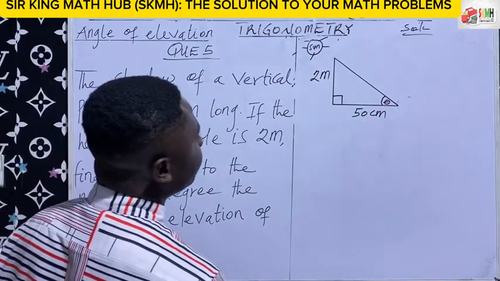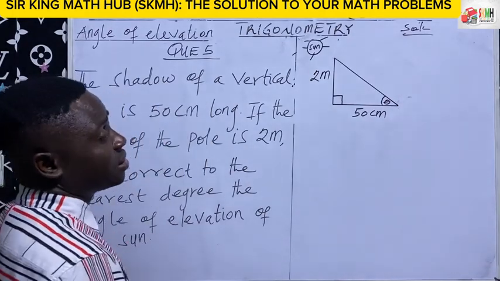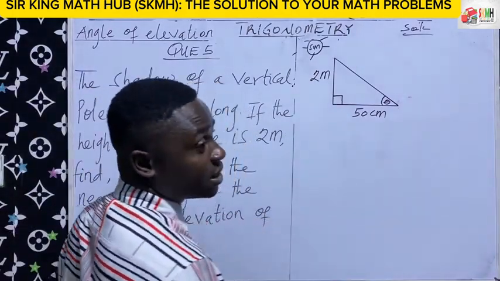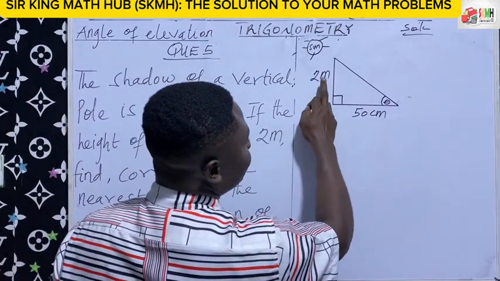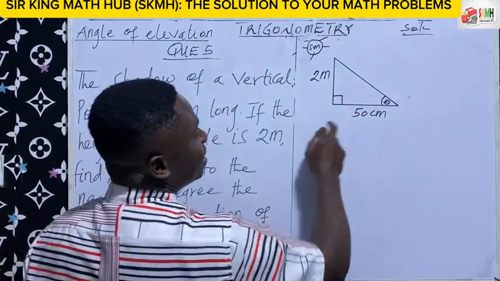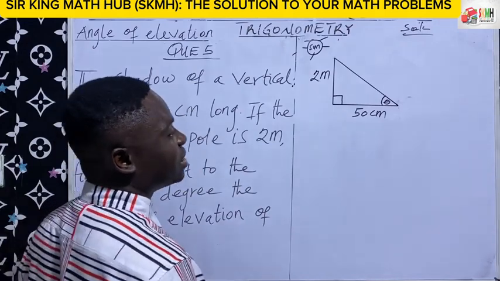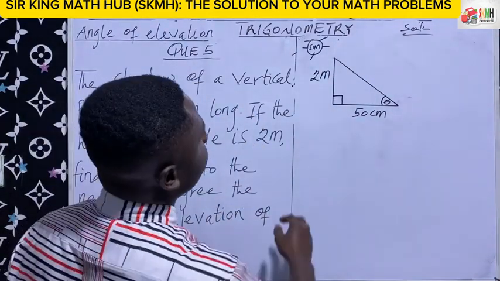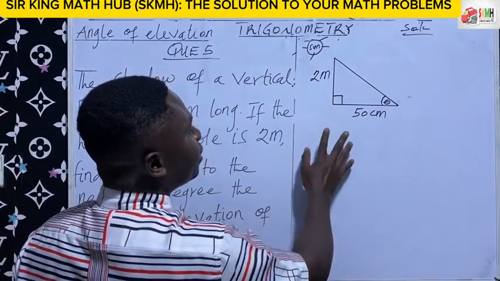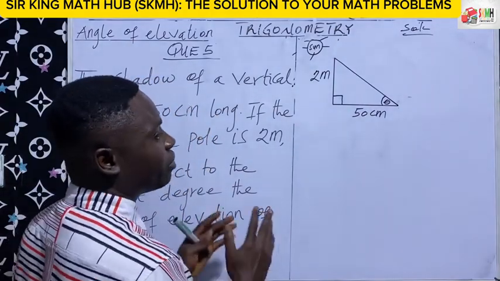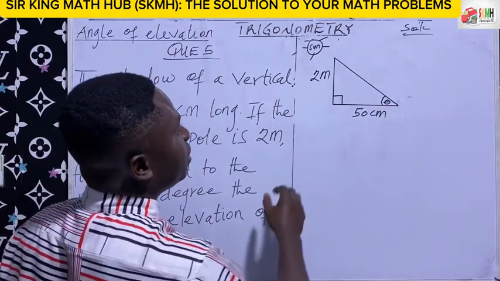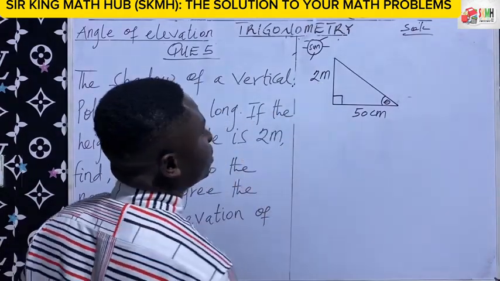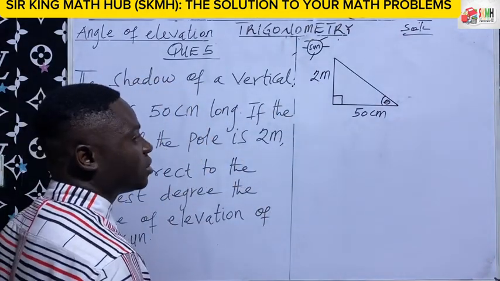Now, before we even start the calculation, you can see that the units here are not the same. The height of the pole has been given in meters, and the length of the shadow has been given in centimeters. So we must either convert all the units to meters, or convert all the units to centimeters. In my case, I prefer changing the meters to centimeters.